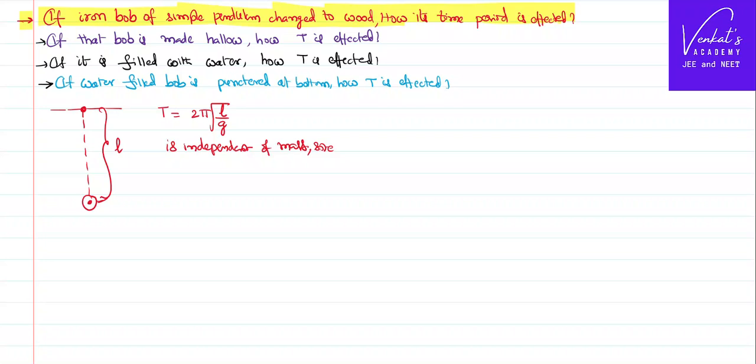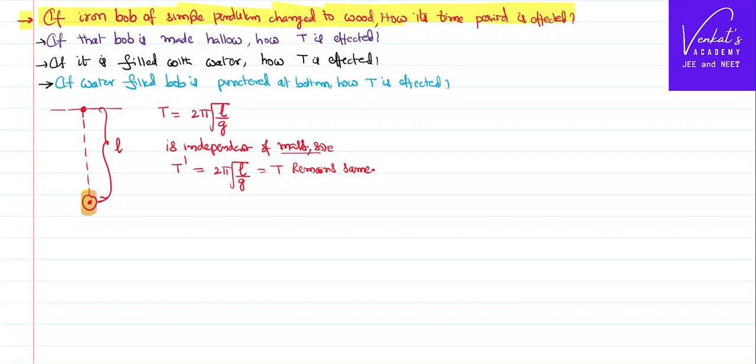But now, when somebody says, I have removed this iron bob and made it a wooden bob or some other metal bob, what's going to happen? As it is independent of the mass, the new time period will still remain the same. 2 pi has not changed, length has not changed, g has not changed. So the time period remains the same.